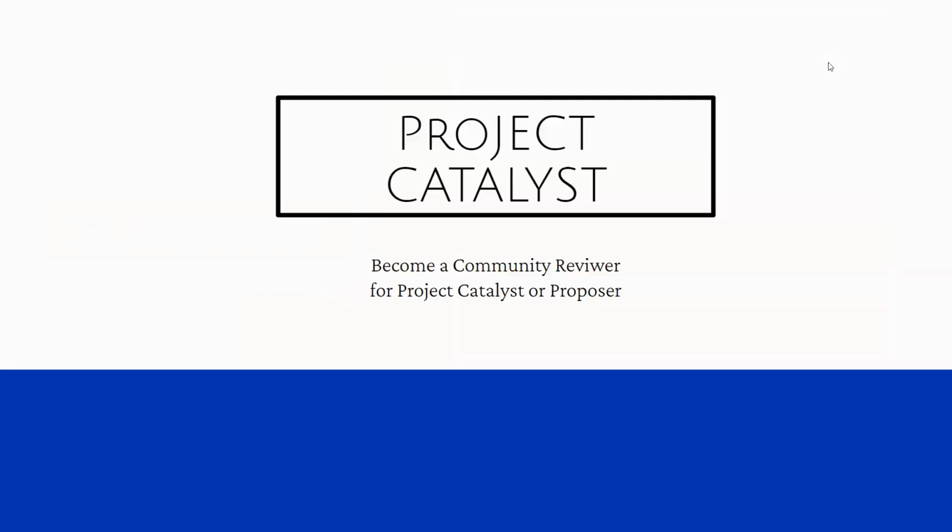So we are going to the second part, which is Project Catalyst, an innovation fund Cardano has. If you want to build on Cardano, you have the opportunity to submit a proposal.